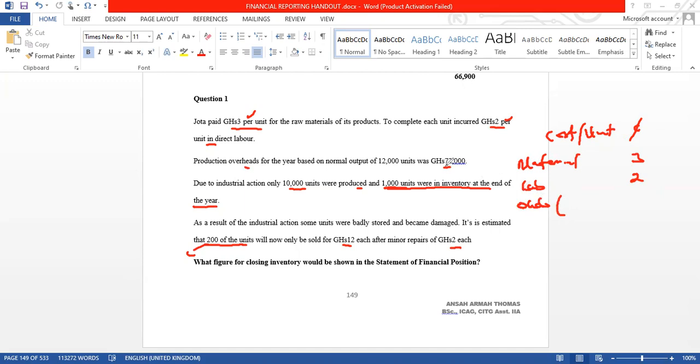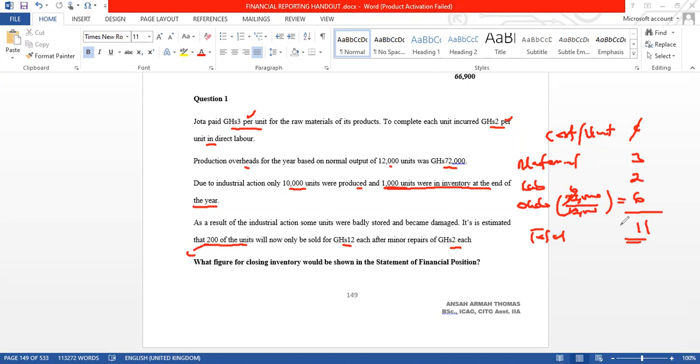You could see that we have 72,000 Ghana cedis, but what we are looking at is the per unit. So we need to put 72,000 over 12,000 to get the per unit, and that should give us 6. So the total cost here is 11. That is the cost of the asset.